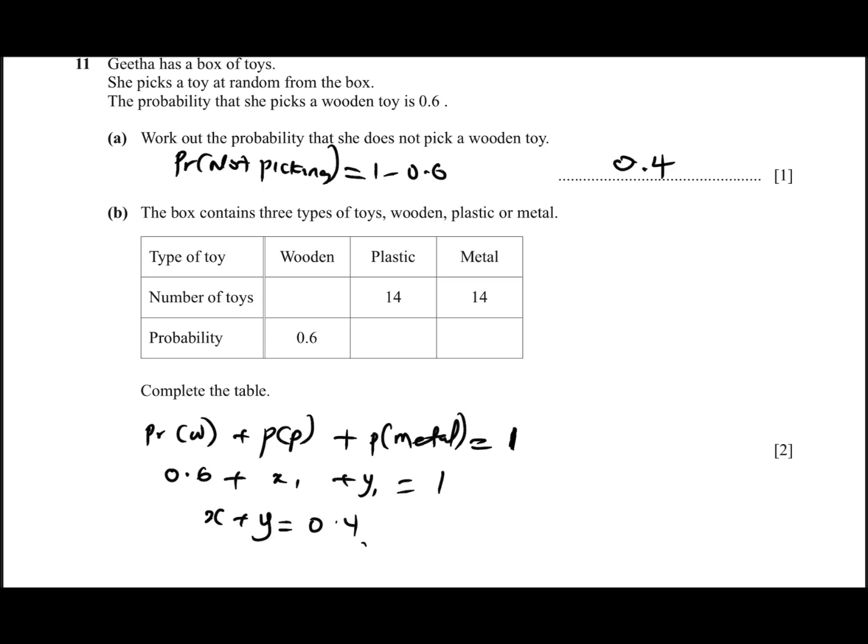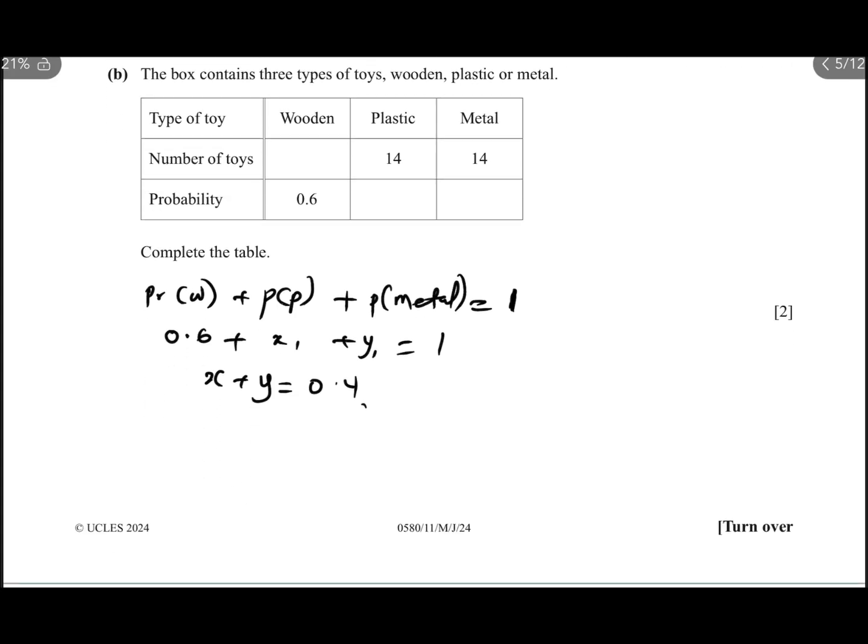And we can actually get the sum of all of them. Let's call this place x, we don't know it yet. So the probability of getting the wooden one becoming 0.6 is x over x plus 14 plus 14.